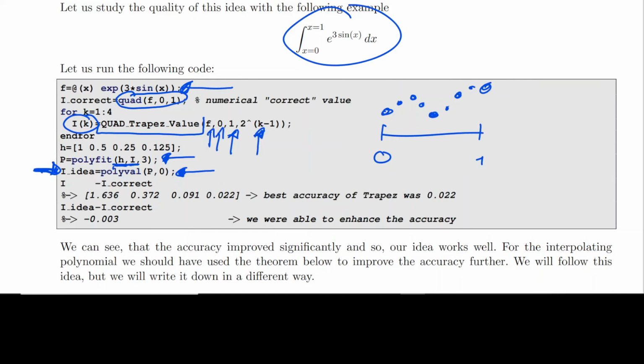Now if we take the difference between our approximate trapezoidal value and the correct integral value, then for trapezoidal with h is 1, we get this difference. So our trapezoidal value was very bad. Now the difference to the correct value gets smaller and smaller.